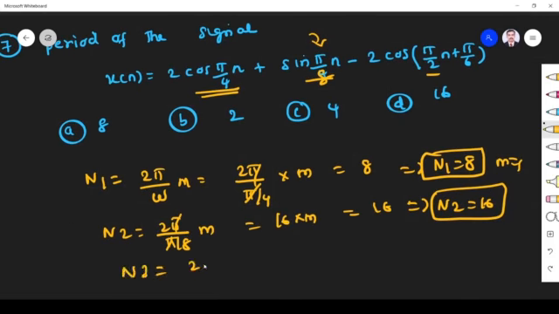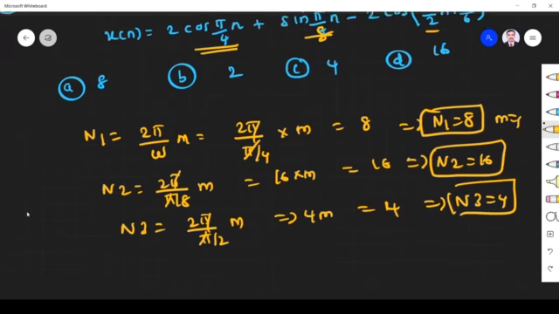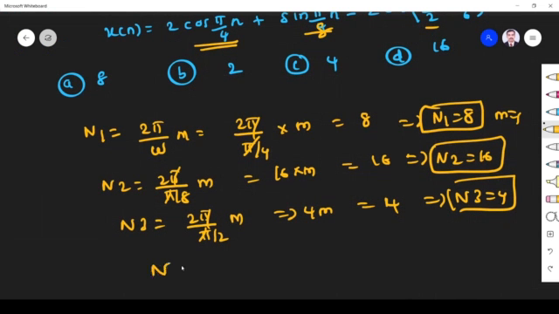N3 is equal to 2 pi by omega, pi by 2, m, pi cancels, 4 into m. So that is equal to 4 for m is equal to 1. So N3 is equal to 4. So N1 is 8, N2 is 16. So what is the common period? LCM of 8, 16 and 4 is equal to 16. So the answer is option D.